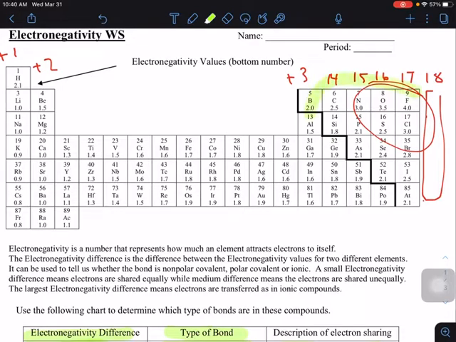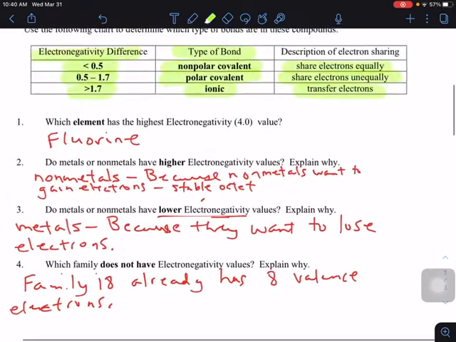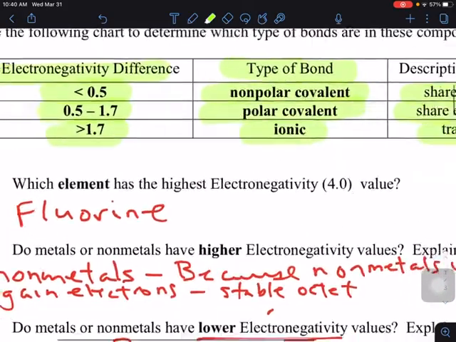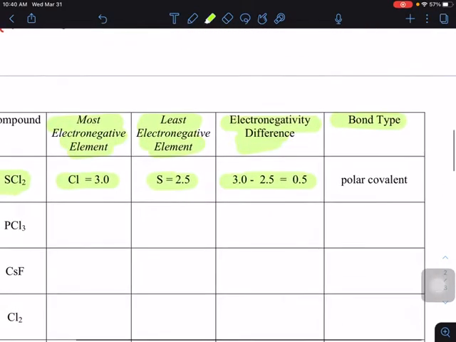We got a difference of 0.5. 3 minus 2.5 is 0.5. Use this chart here. If it's 0.5 to 1.7, that means it's polar covalent. And that's what we got right here, polar covalent.